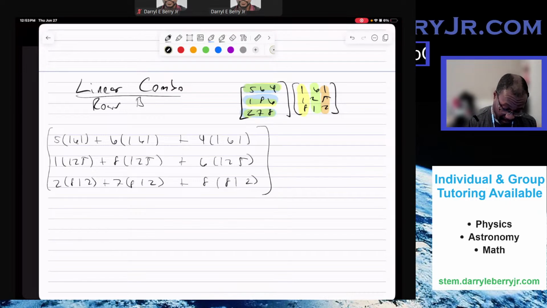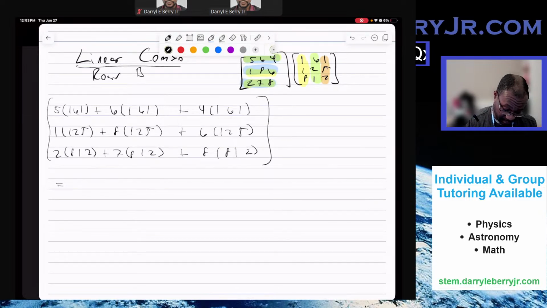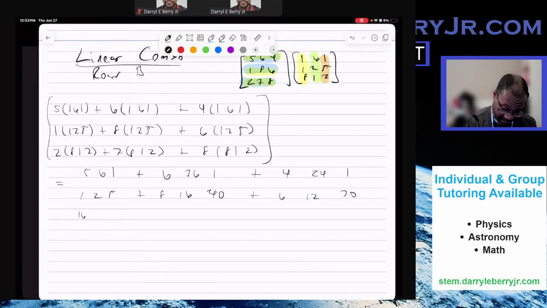All right. So that's going to be 5, 6, 1 plus 6, 36, 1 plus 4, 24, 1. And then we have 1, 2, 5 plus 8, 16, 40 plus 6, 12, 30. And then we have 16, 2, 4 plus 56, 7, 14 plus 64, 8, 16.